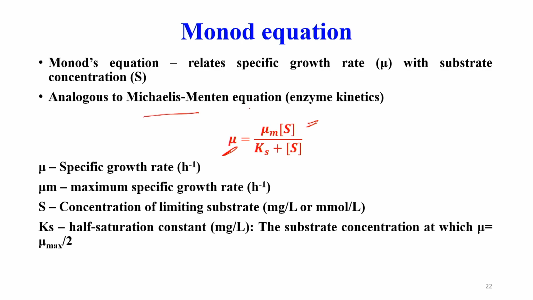It is analogous to the Michaelis-Menten equation in enzyme kinetics, where mu is the specific growth rate, unit is time inverse; mu max is the maximum specific growth rate, unit time inverse; S is the concentration of a limiting substrate, milligram per liter or millimole per liter; and Ks is the half saturation constant, or the substrate concentration at which mu equals mu max upon 2.